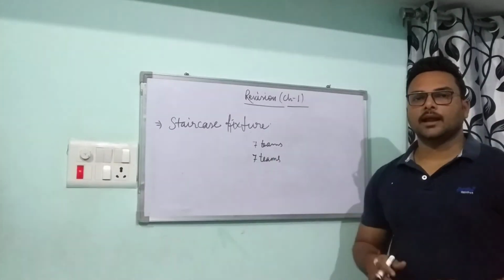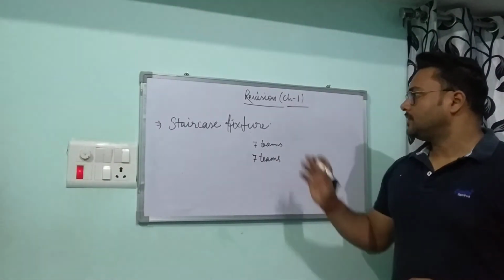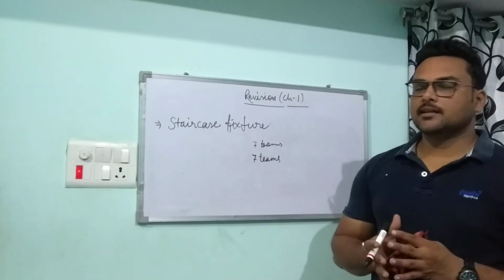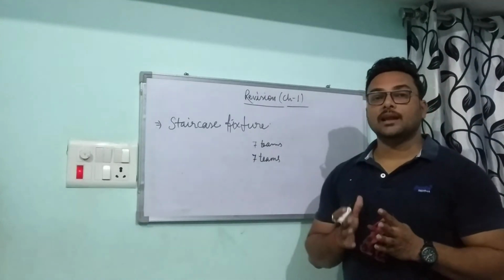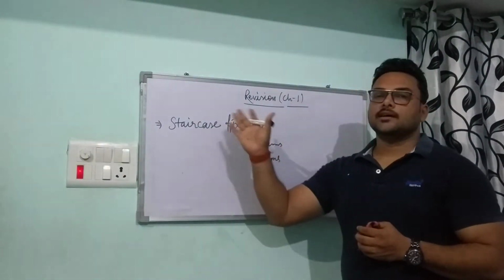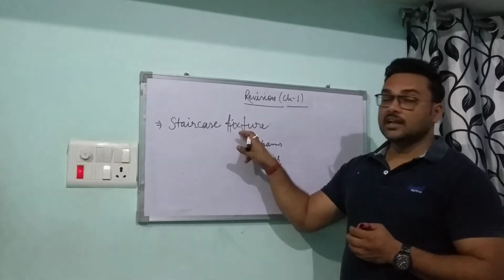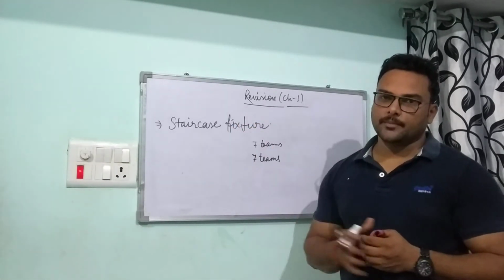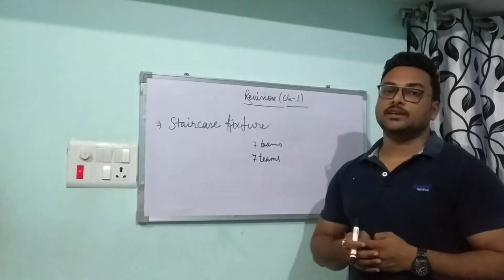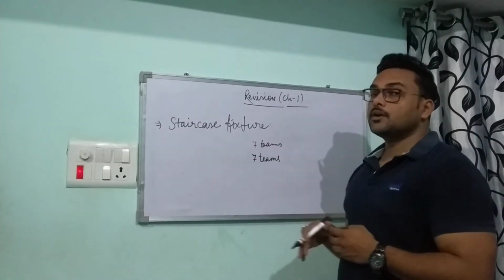In our revision video, I told you that in the knockout tournament the number of matches is less and less time is consumed, whereas in the league or round robin tournament the number of matches is very large, we need more funds and more time.